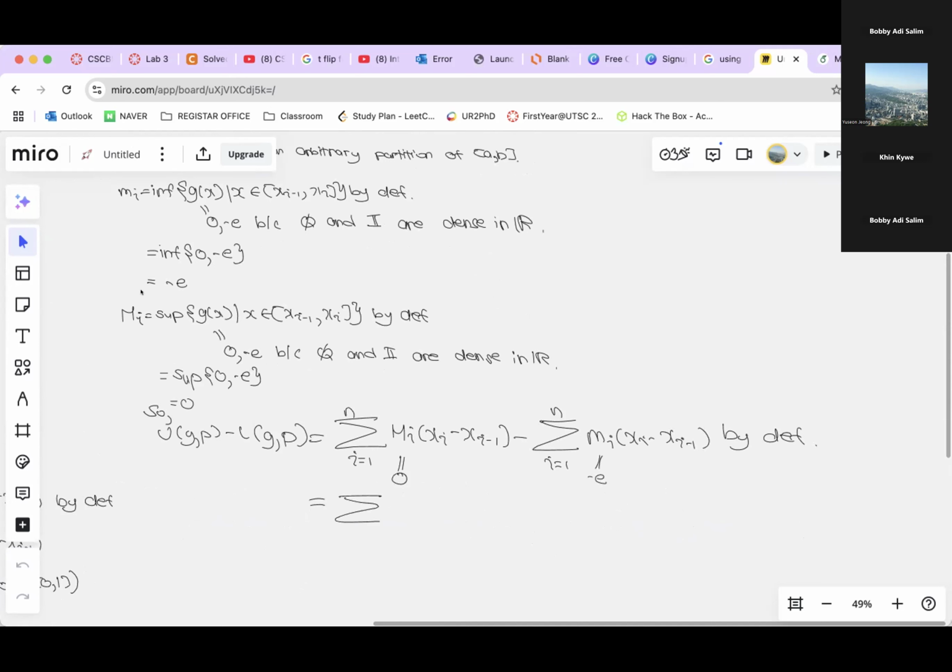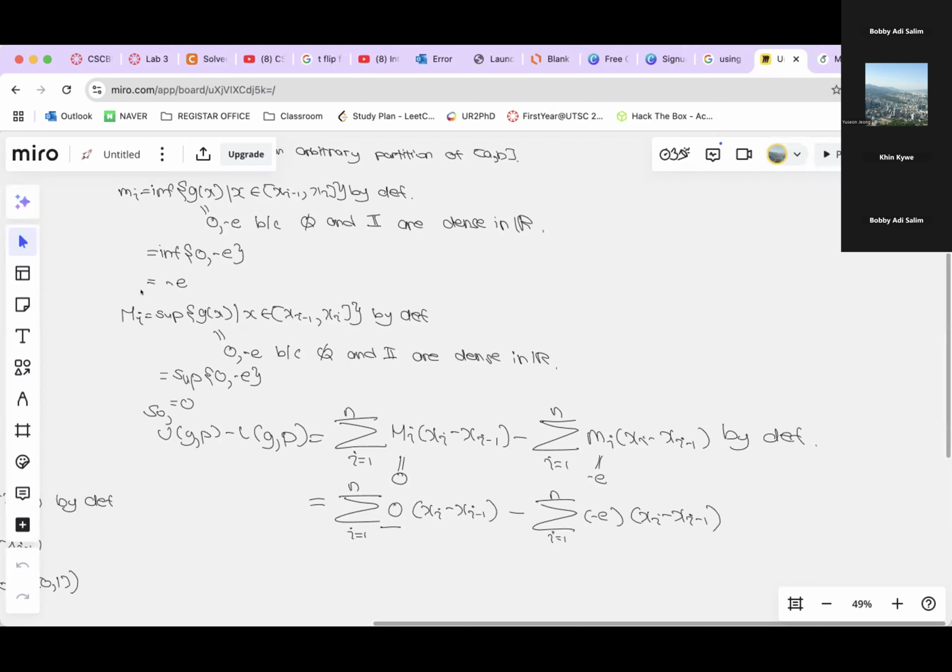We have the summation of i equals 1 to n of 0 times (Xi minus Xi minus 1) minus the summation of i equals 1 to n of negative E times (Xi minus Xi minus 1).